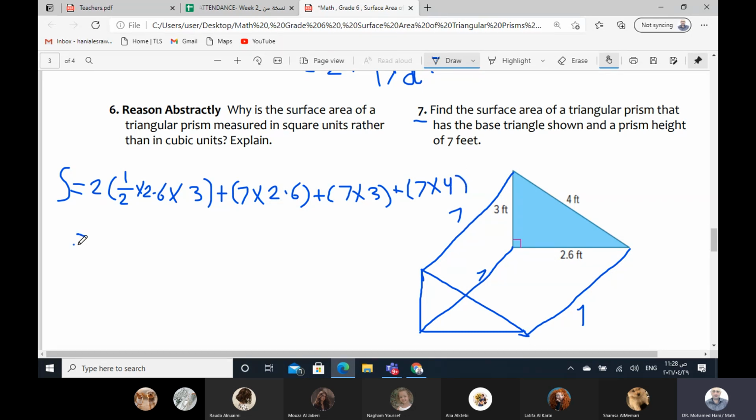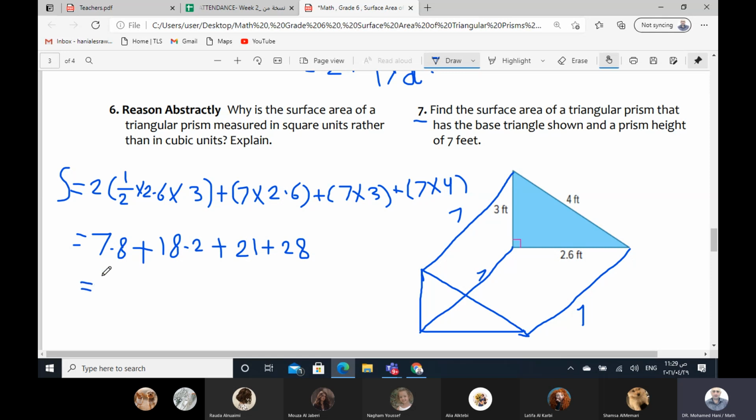Now we can calculate. 2 times 1 over 2 will be 1, times 2.6, times 3. So the answer here will be 7.8 plus 7 times 2.6, which will be 18.2, plus 7 times 3 will be 21, plus 7 times 4 will be 28.